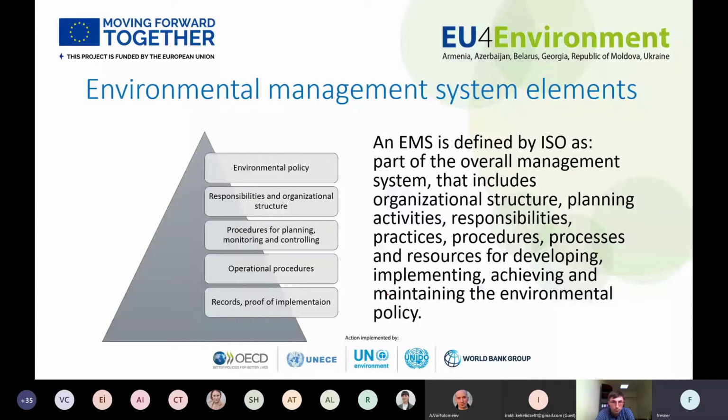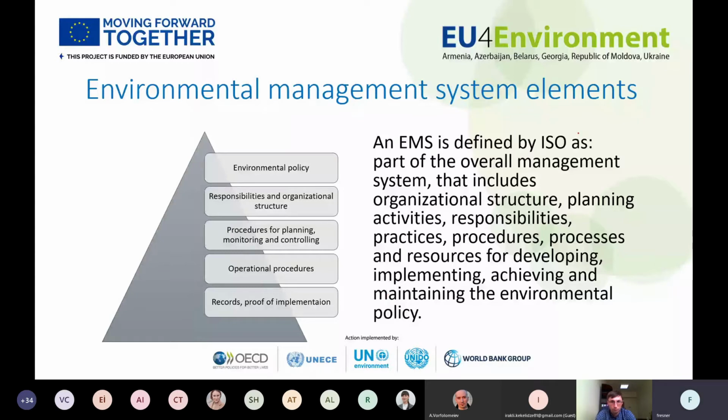And as a result, as a support for the implementation of this environmental policy, next in the environmental management system, we have a layer of organizational structure, because that's what we need to implement the policy. We need to have representatives from different departments working in a coordinated way, like in our example.